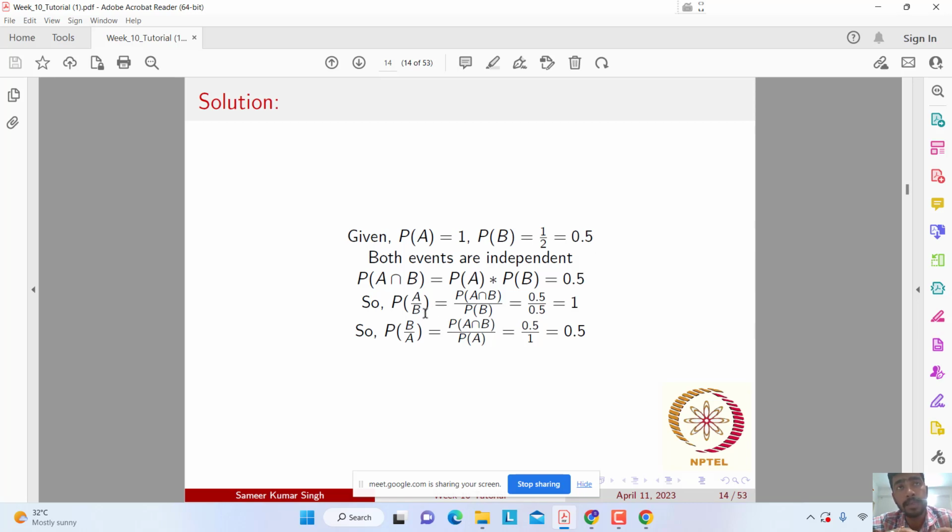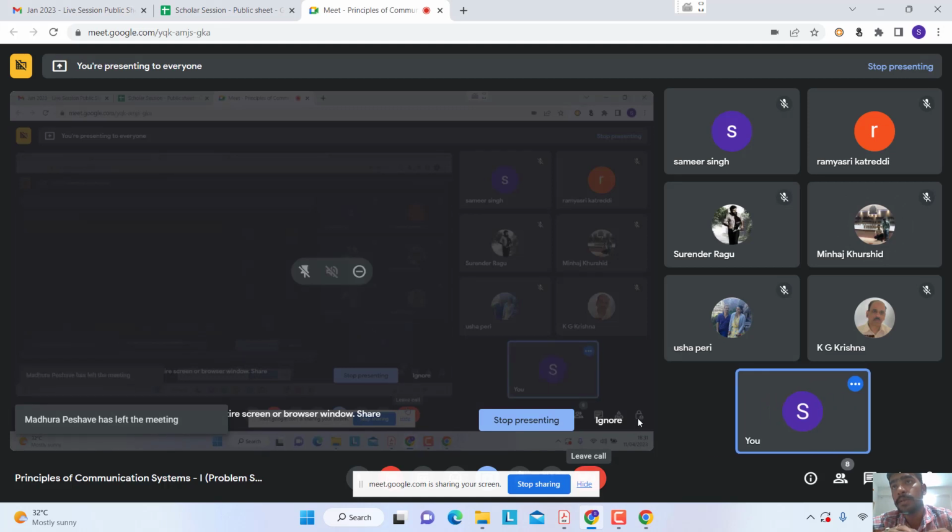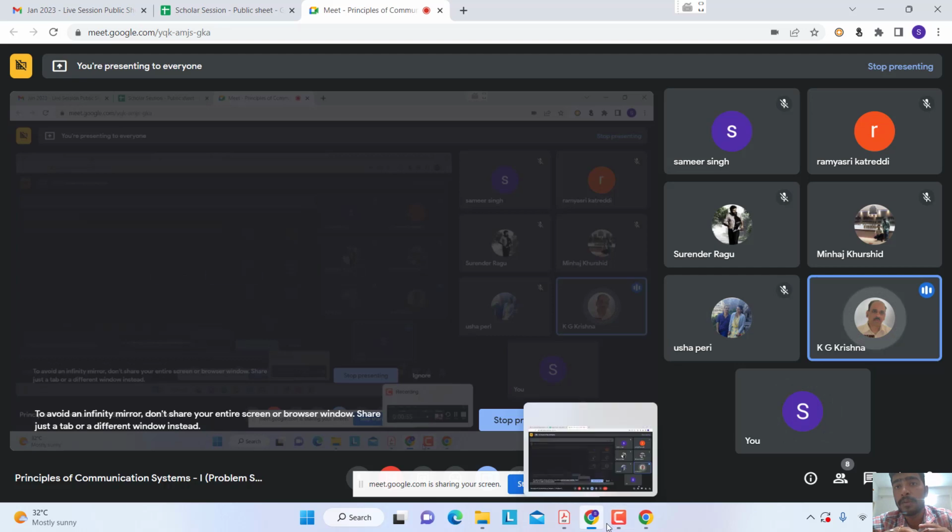So from there we can calculate that. So it will become 1 and it will become 0.5. Is it clear? Can we go for next? Is it clear to everyone?